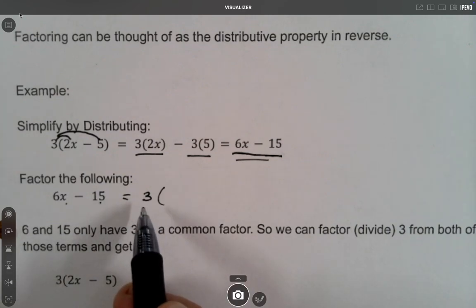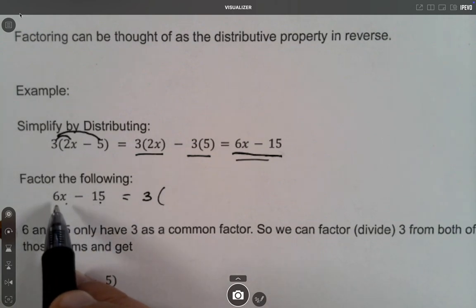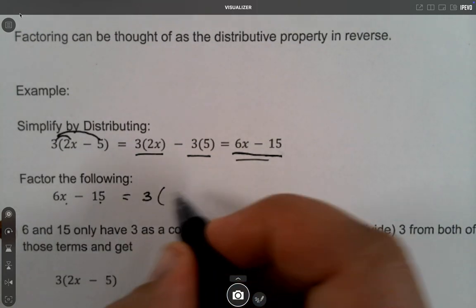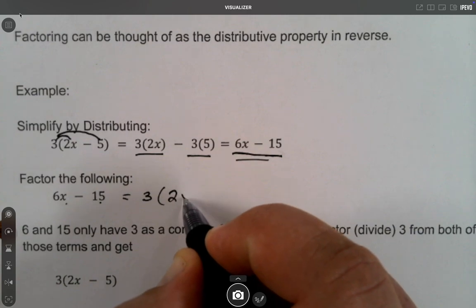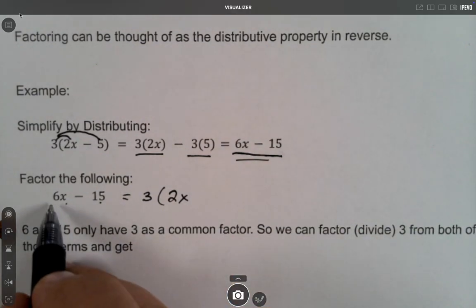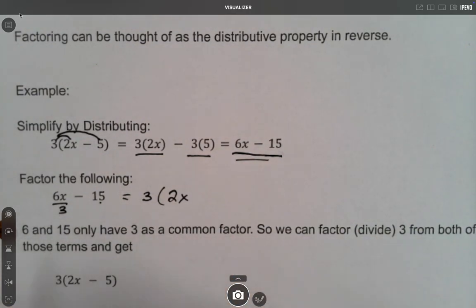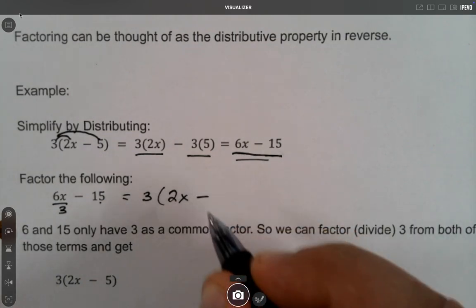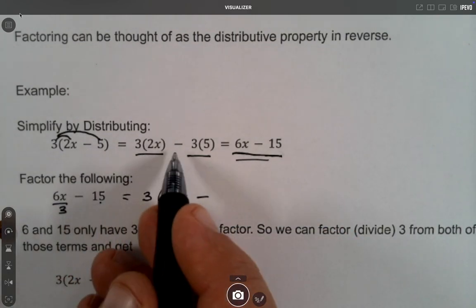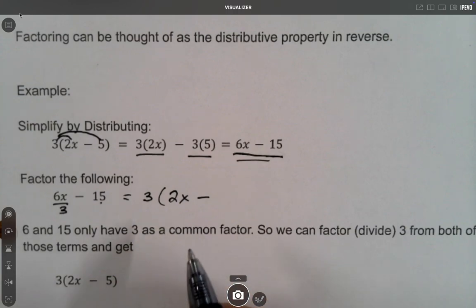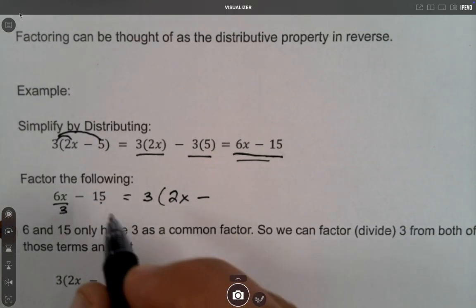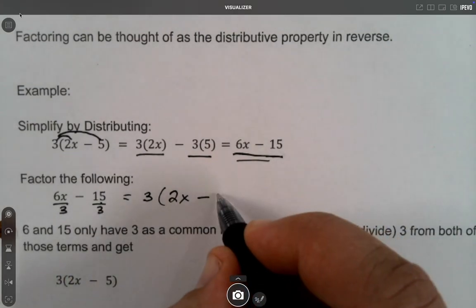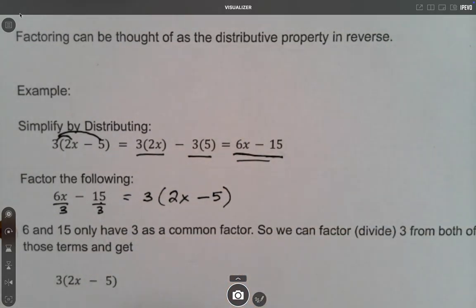Since 3 is the biggest number that goes into both, I do 6 divided by 3, which is 2, and I leave the x with it, because 6x divided by 3 is 2x. Then I keep the minus sign, just like you keep it when you distribute. Then we do 15 divided by 3 and get 5.